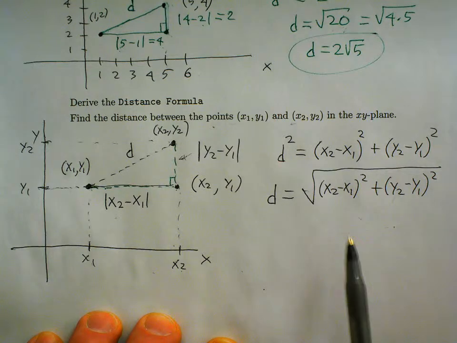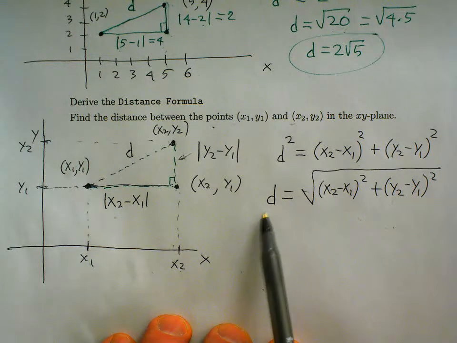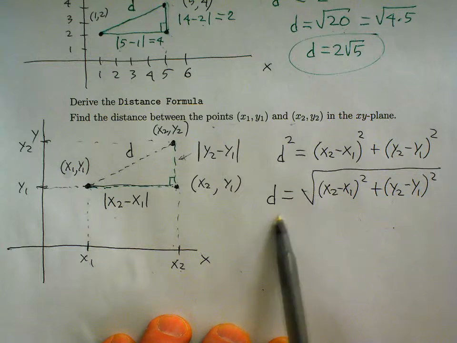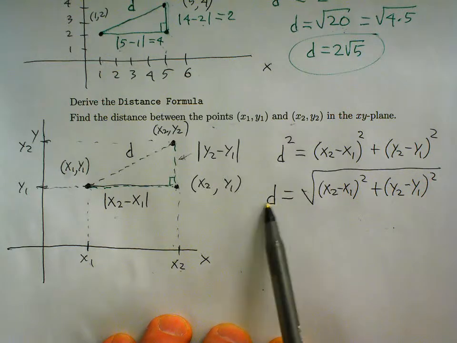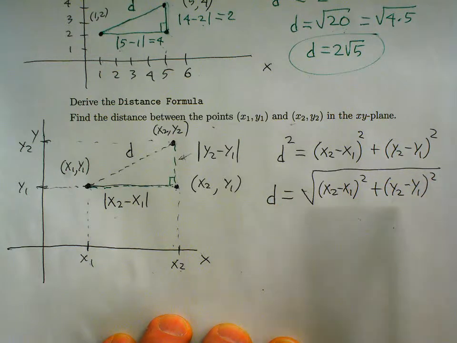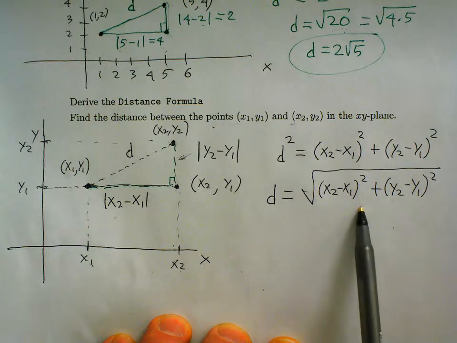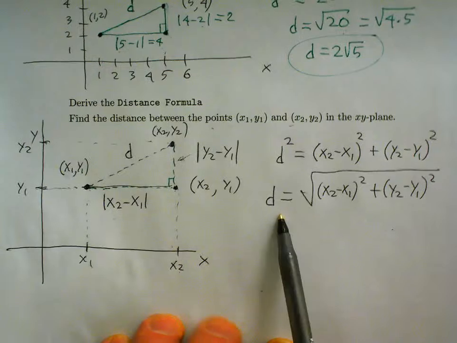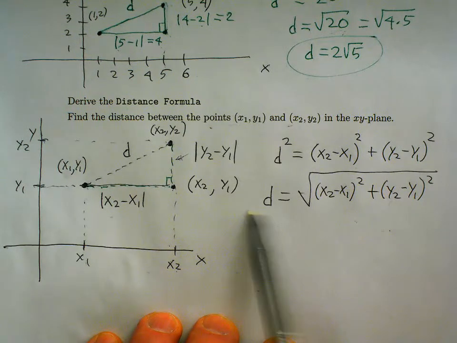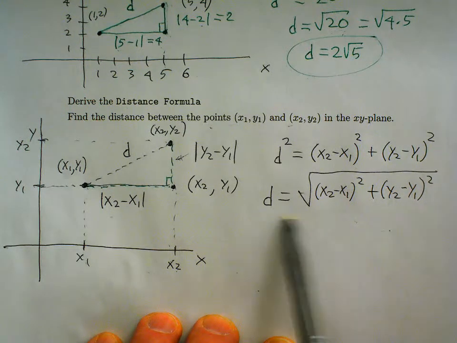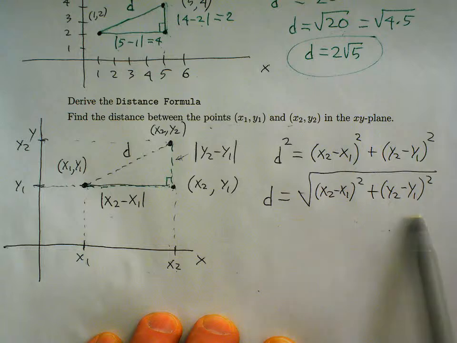One of the drawbacks of memorizing formulas is that if you misremember one detail, that leads to an incorrect answer. So it's okay to use the distance formula, but make sure that you apply it exactly the way it's written.